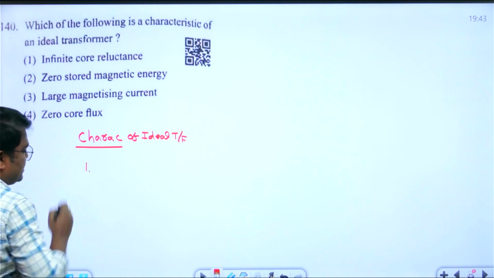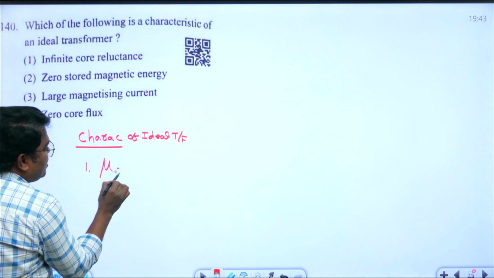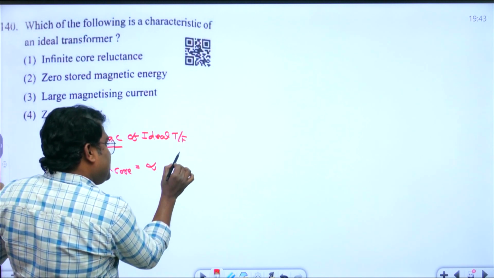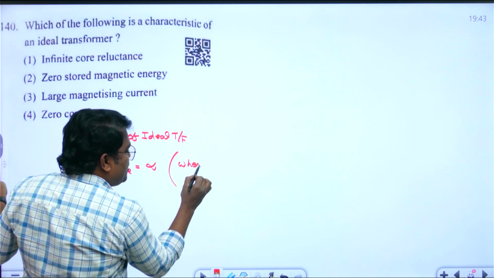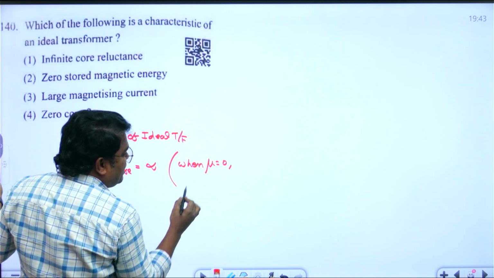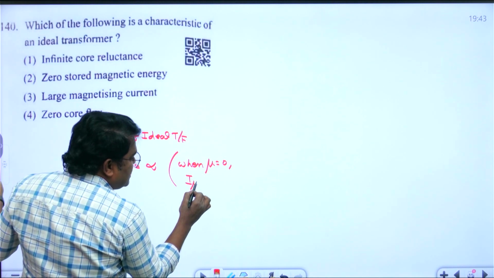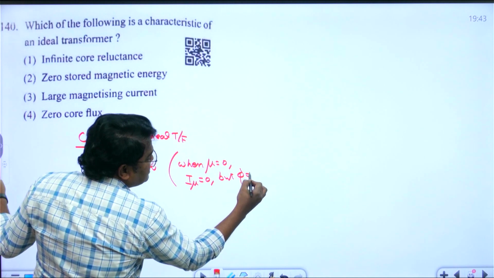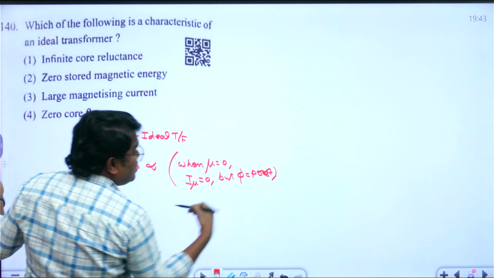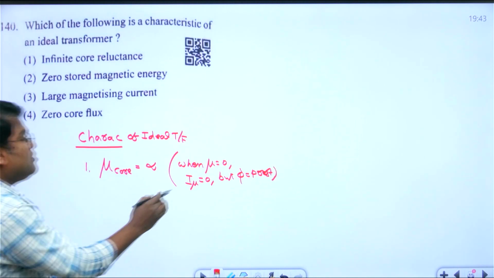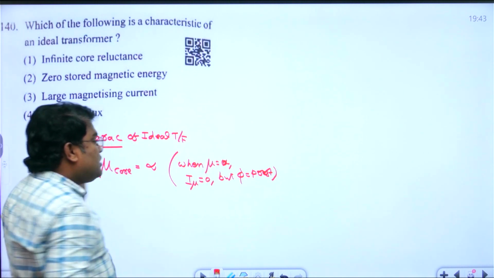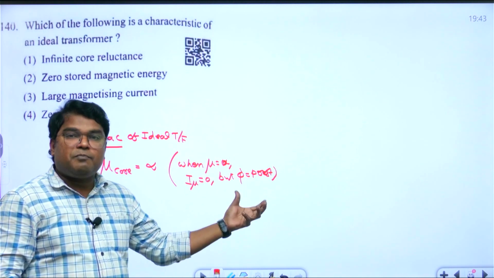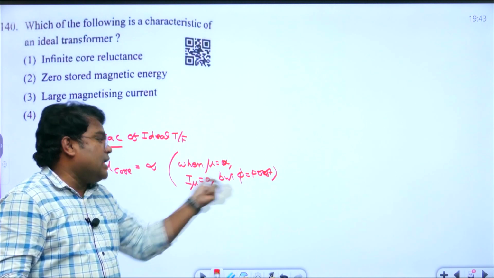The first characteristic is that the permeability of the core is infinity. When the permeability of the core is infinity, the magnetizing current is equal to zero, but flux is present in the transformer. That means without any magnetizing current, flux is present, though practically it is not possible. So these are some of the characteristics.